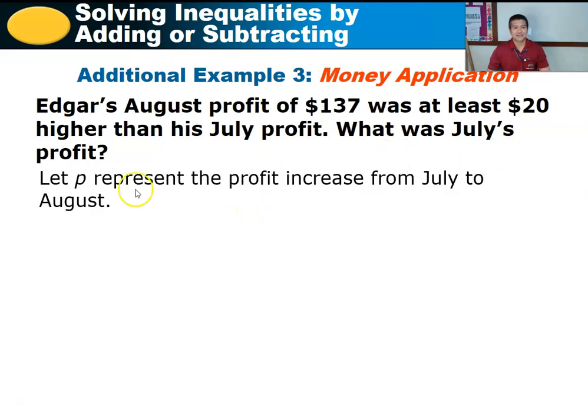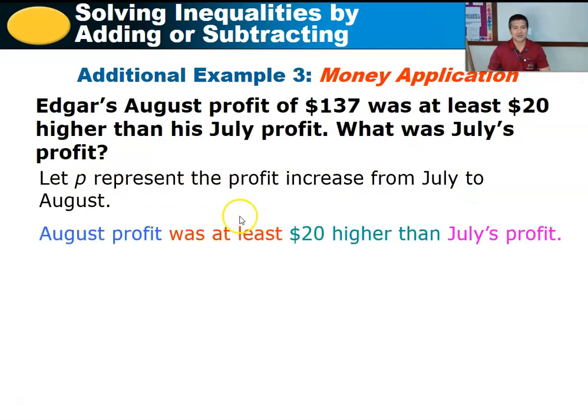Let P represent the profit, the increase from July to August. The August profit was at least $20 higher than the July profit. So we can create this inequality: 137 greater than or equal to 20 plus P, which is the profit.